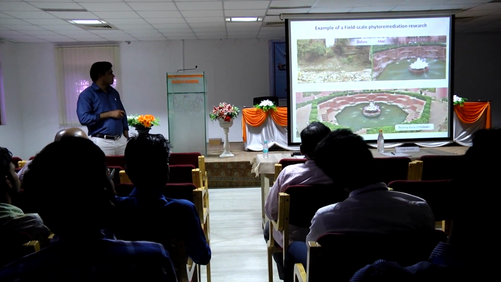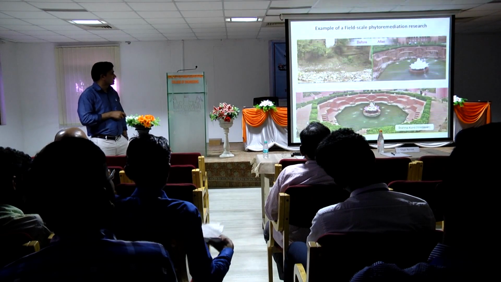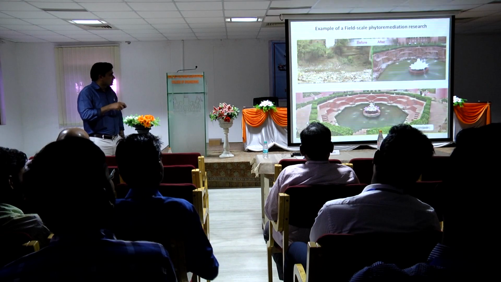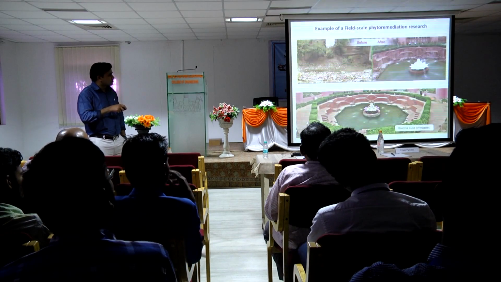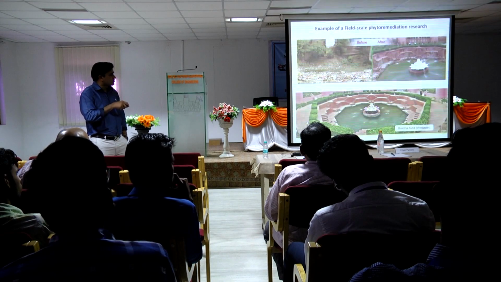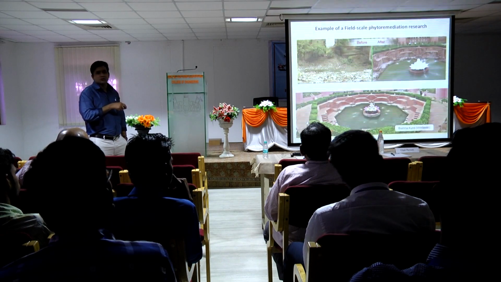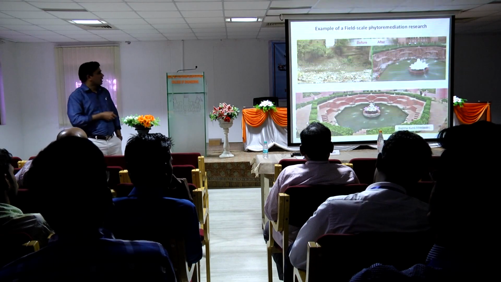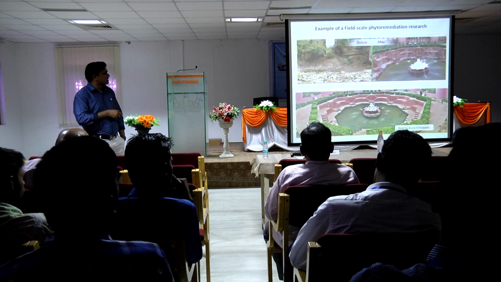In this picture you can see this. So this is the treatment wetland. Groundwater is passing from the surrounding area through the root zone of this plant, and also the water which is filled in this pond is interacting with the plant roots here, and the water quality improved very significantly, along with some sprinkler system which is provided here.